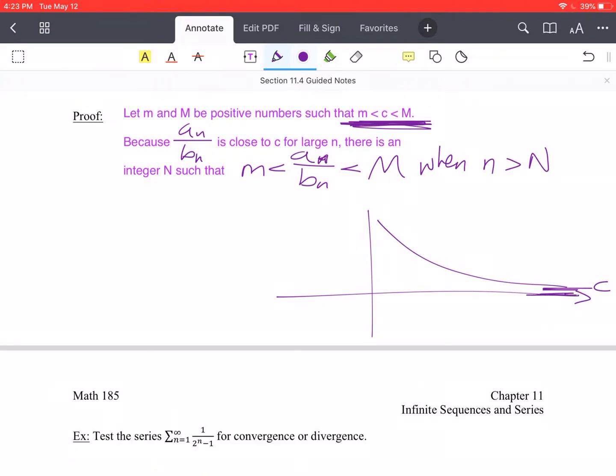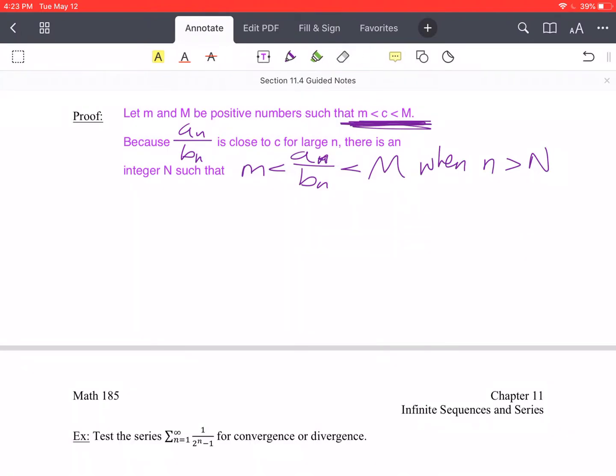If little m is right here and big M is right here, eventually, as we get closer and closer to c, at some point we will be within this range in question. That's what this is saying. So for large enough values of n, further along the series, we will get close enough that we're within this region of little m and big M.